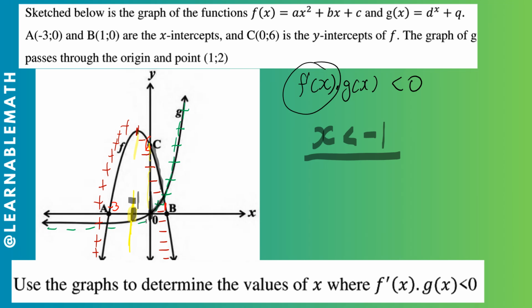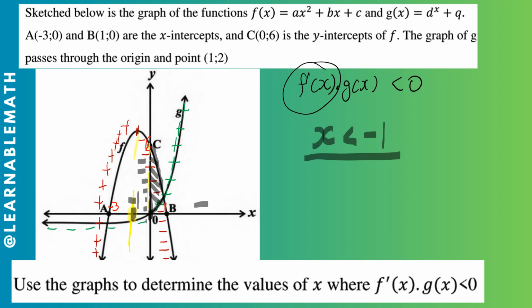Between 0 and 1 at this interval here, we can see that f is negative, right? The gradient is decreasing, it's negative, whereas our g, it's actually increasing, it's positive. Can you see? So if we go further, it goes even further.